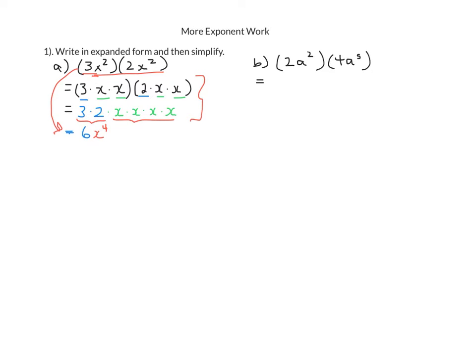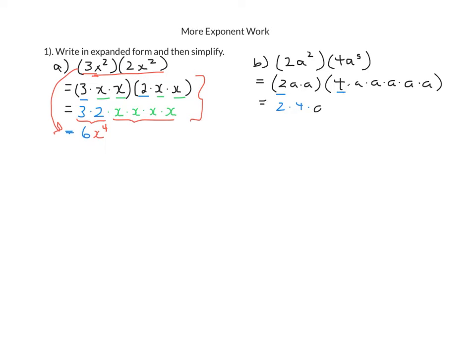Okay, if you tried that, you should have had 2a times a here for the first bracket, and then we would have a 4 times a times a times a times a times a, 5 factors of a with that 4. All right, if I rearrange things, I can put my number parts first. I can take the 2 and multiply it by the 4, so 2 times 4, and then we would have times.